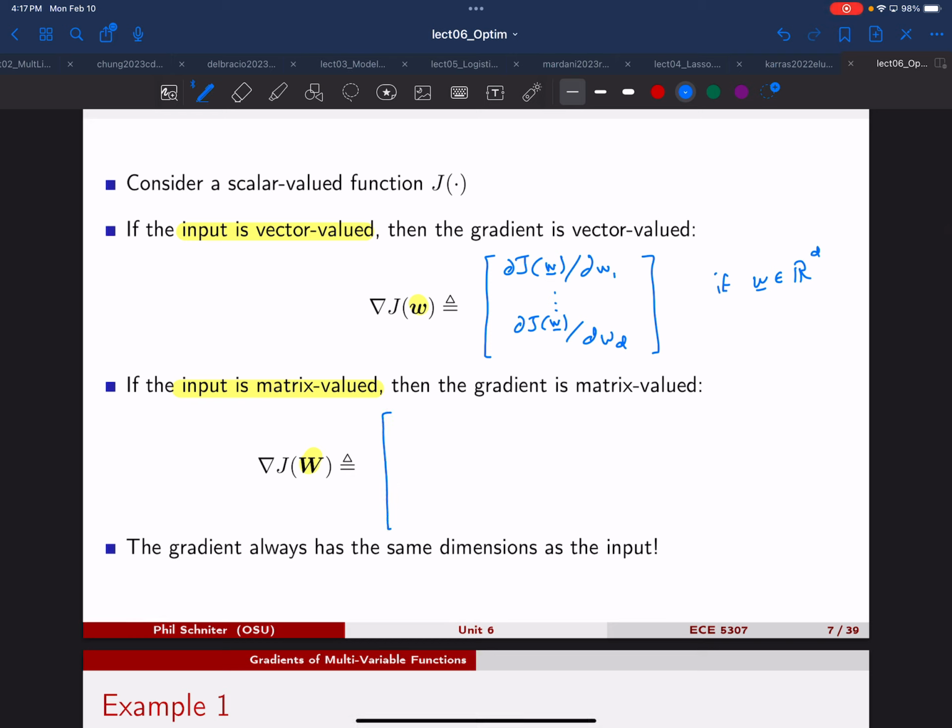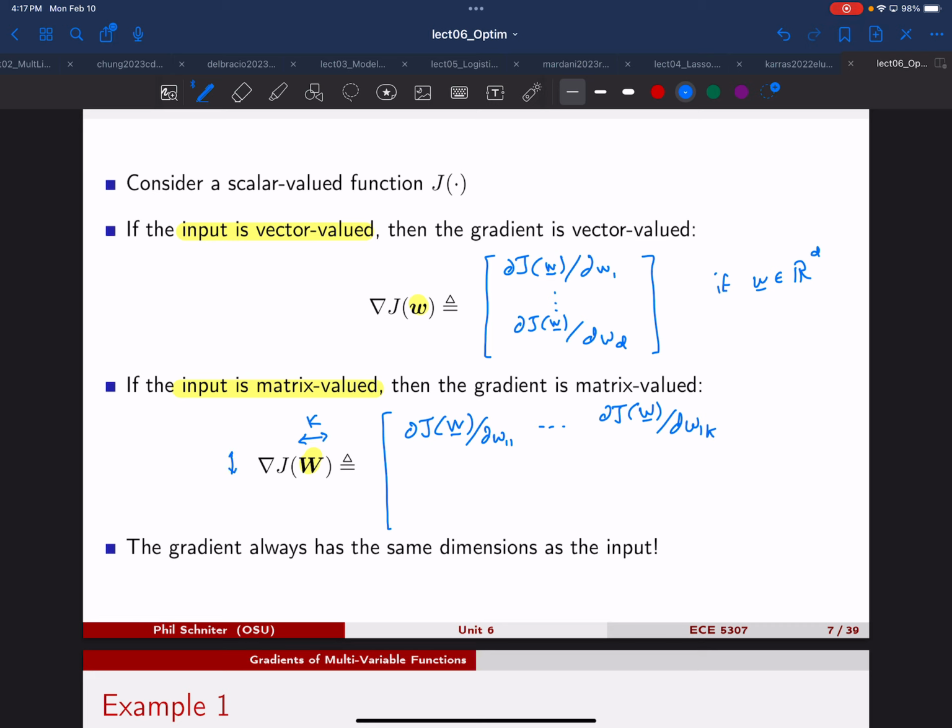The gradient is also a matrix, but the partial derivatives are just the corresponding elements of W. So in the top left corner, we have the partial derivative of J with respect to W11, which is the top left element of W. And then as you go across the columns, you have the partial derivative with respect to dW1K. So this is if this has K columns.